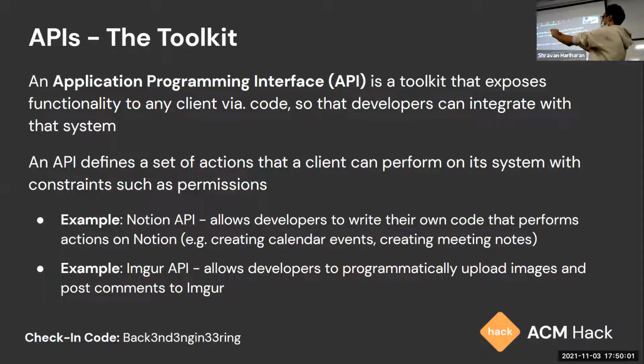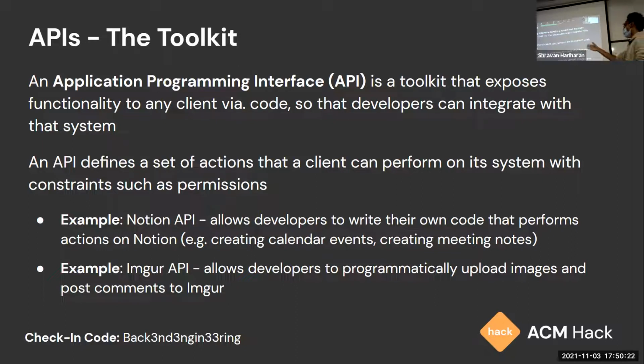The UI would basically do data transformations onto the database, like request data, send data. But now we're introducing something called an API, which would lie in between the UI and the database. An API just defines a set of actions that a client can perform on its systems with constraints like permissions, like we talked about.